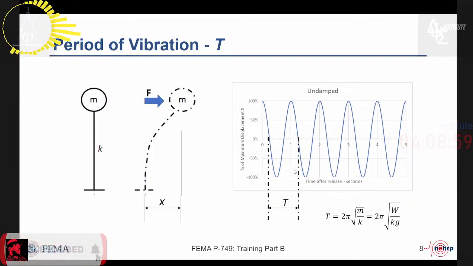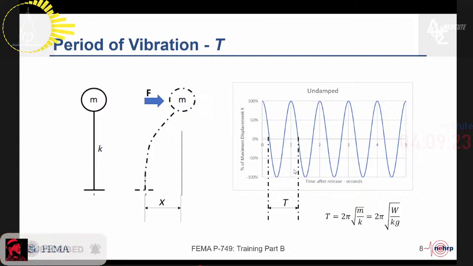The amount of time that it takes the structure to make one complete oscillation from one position within its deformed shape back through to a negative of that position and forward again to the original position is called the period of the structure, the natural period of vibration, and it's measured in seconds.